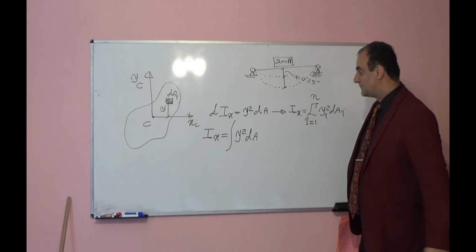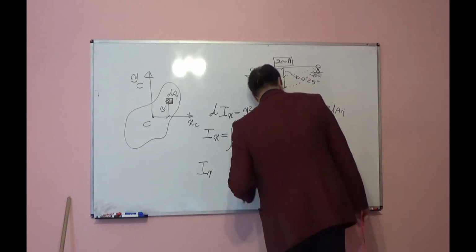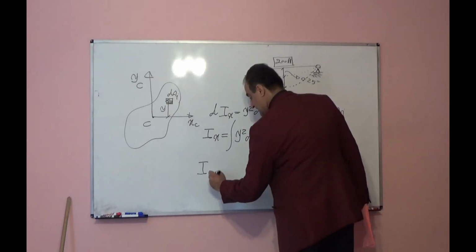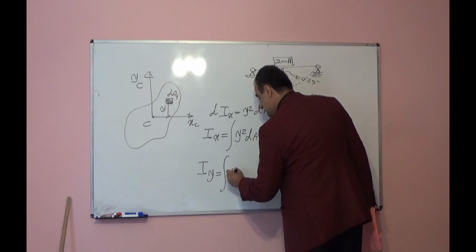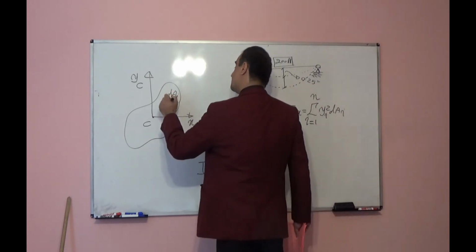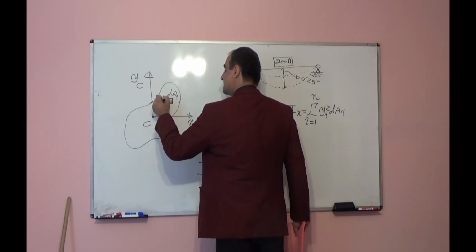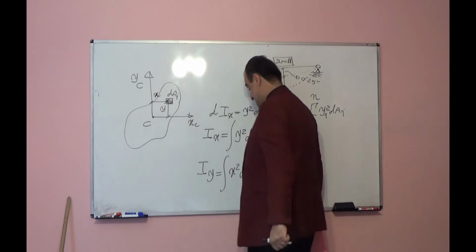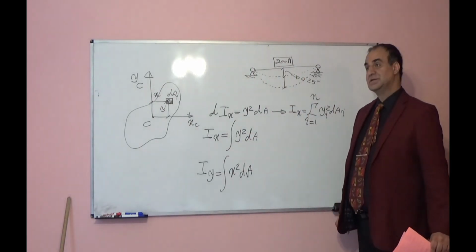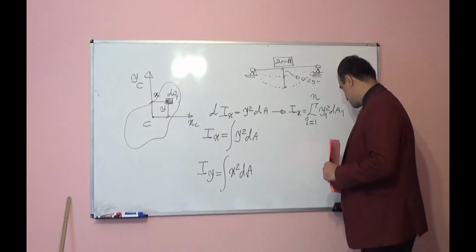In a similar way, Iy, area moment of inertia with respect to the y-axis, will be equal to integration x squared dA, dA the area for this element, and x the distance of this element up to the y-axis. So, we will use this formula in order to calculate moment of inertia.